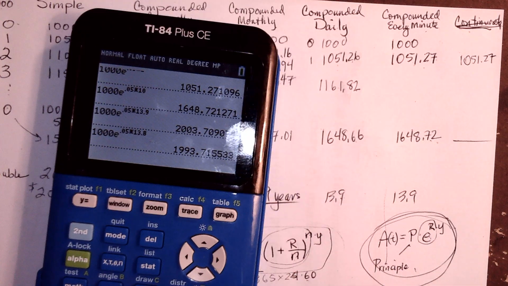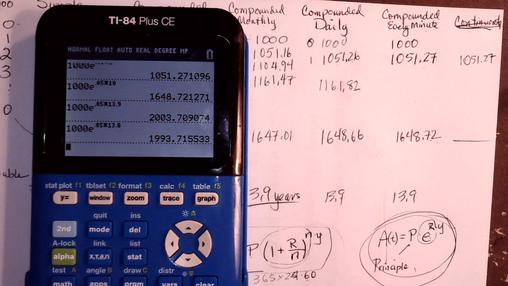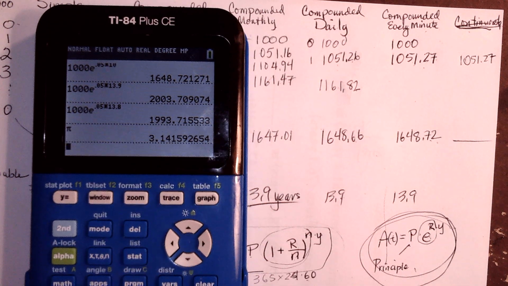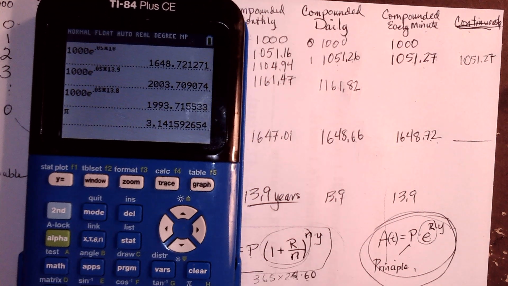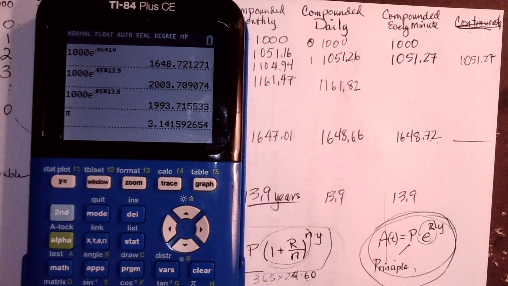Now, e, I said I'd talk a little bit more about it. When we talk about circles, we use pi a lot, and it goes on and on and on and never repeats. Well, e is also a number that you find when you're talking about power equations. You use it a lot.